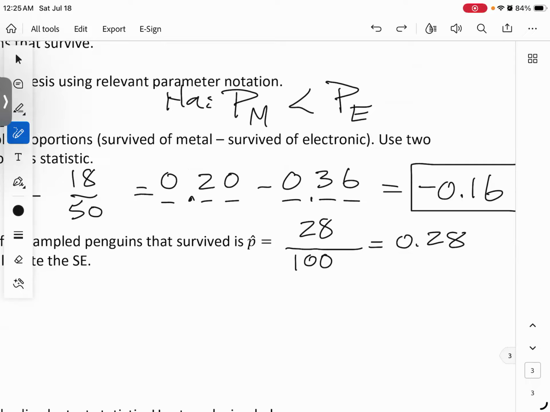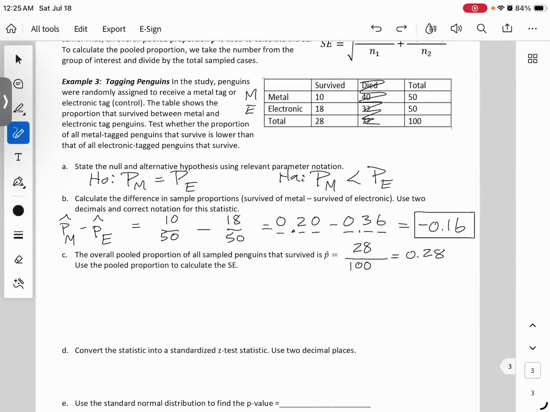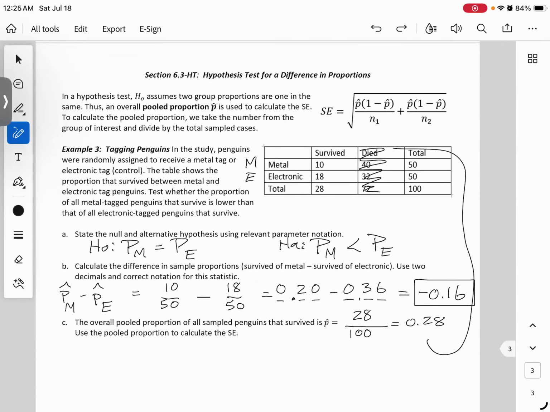Now, what do we do with this? We're going to use it up here, but for both groups. The 28% is going to go for group one, and it's also going to go for group two, as if it's the same. It's supposed to be the same result for both. 28% will survive for both groups.